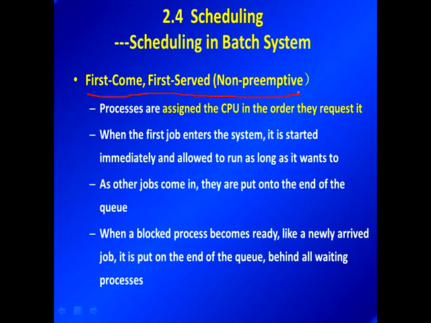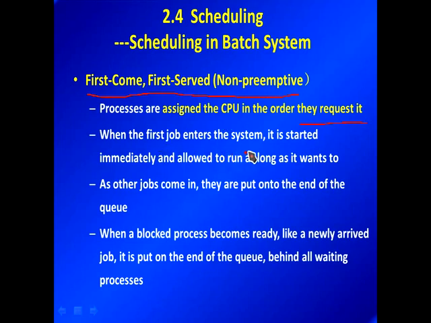After this process is finished, the next process arriving at the system will be chosen and get the CPU to finish its job, and so on. So the processes are assigned the CPU in the order they requested. Here, the order they requested means the order they arrive at the system.